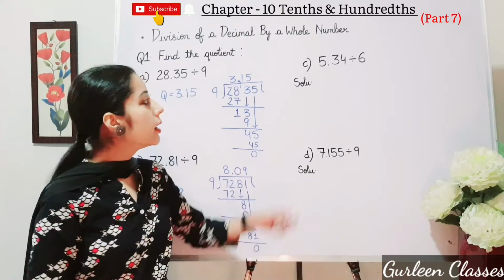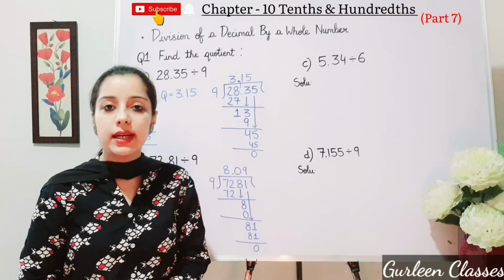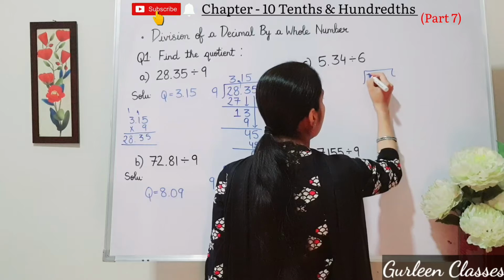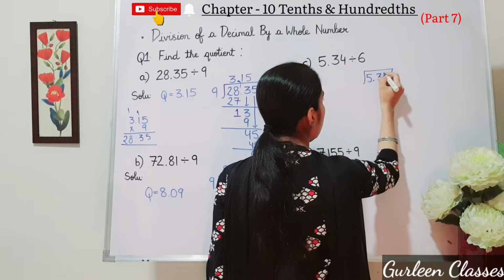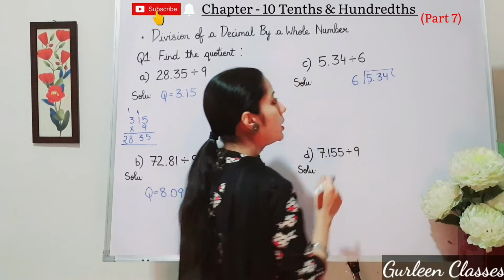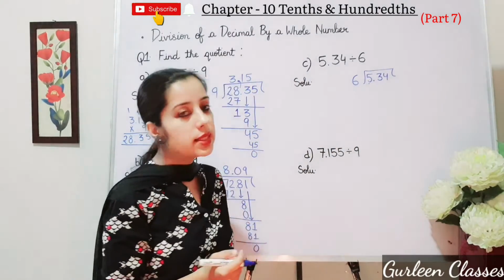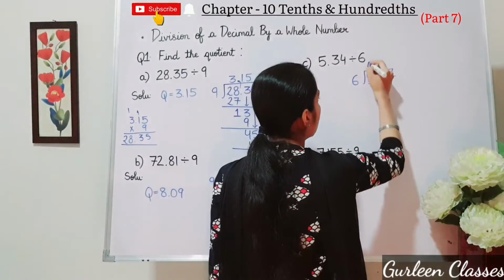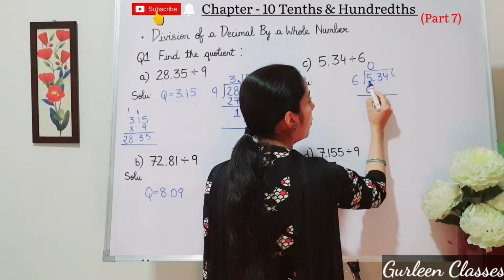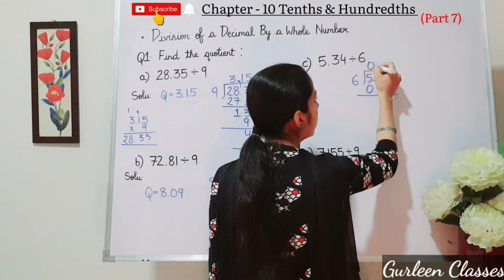Now C part: 5.34 divided by 6. So let us divide 5.34 by 6. As 5 is smaller than 6, it will go by 0. 6 zeros are 0. Then after dividing the whole number part, there is the decimal point.